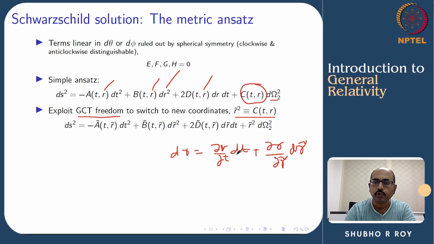You have to use this everywhere you see dr, and substitute this. Anywhere there's r dependence, you also have to invert this to write r in terms of r tilde and t, and then substitute there.